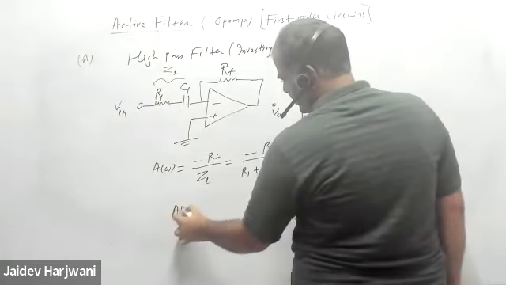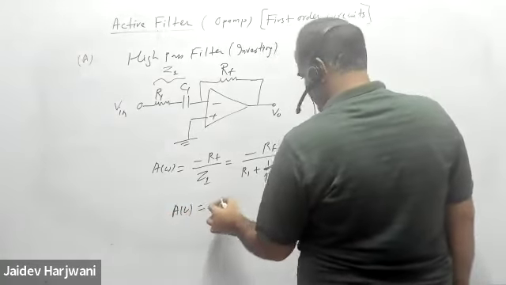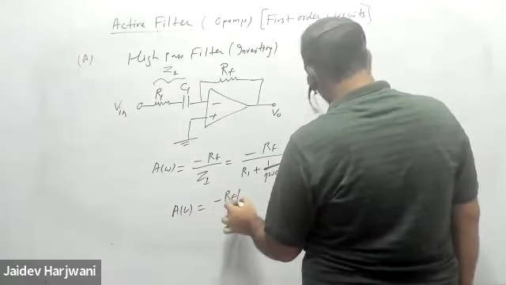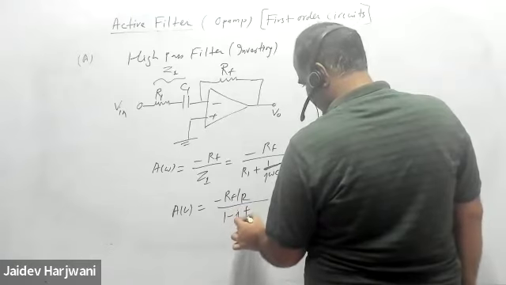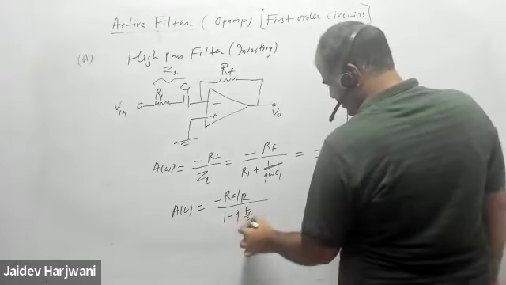So A omega is minus RF upon R1 times 1 minus J fC by f.